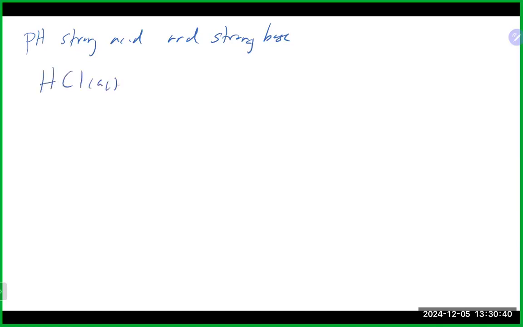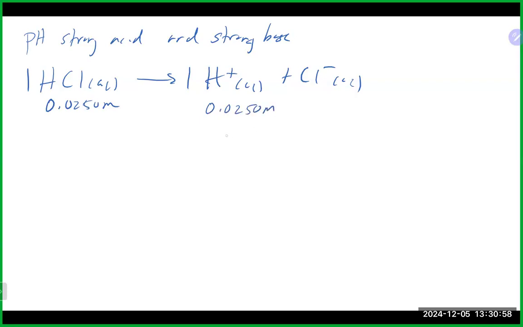Remember, if you had something like HCl and it breaks apart into H plus and Cl minus, and this was 0.025 molar, it is a 1-to-1 relationship between those two, which means the concentration of our H plus, which is really what we need for our pH equation, would also be 0.025 molar.